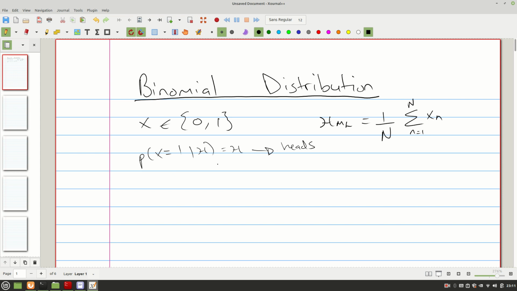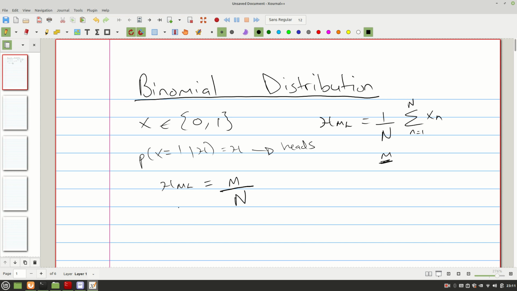So we can define the number of times we get heads, if we try this experiment 5 times, by m. So the number of times we get heads, we can parameterize by a value m. And if we define the number of times we get heads by m, then we can rewrite mu ML to be equal to m over N, because this is the number of times that we get heads over the number of times that we run our experiment.